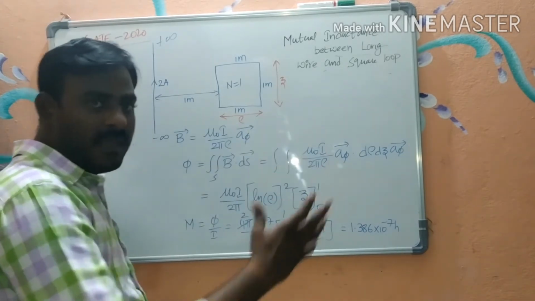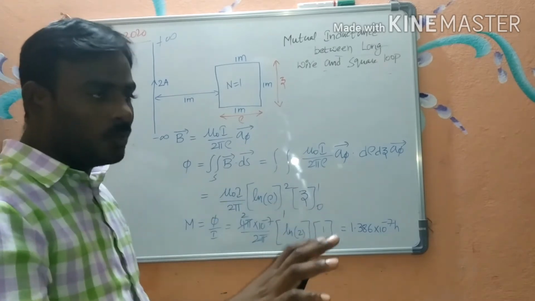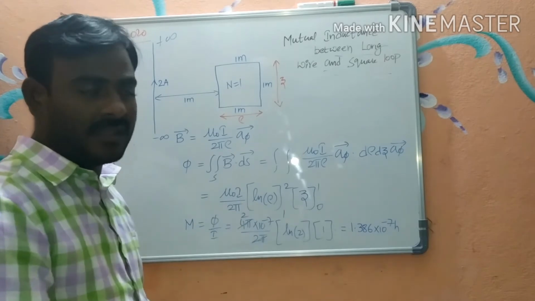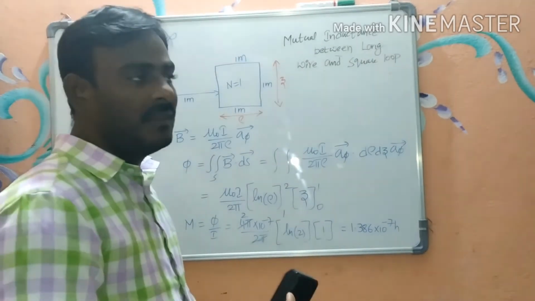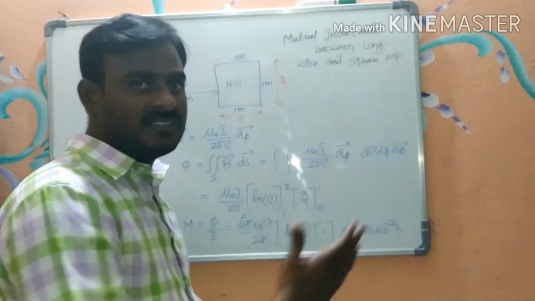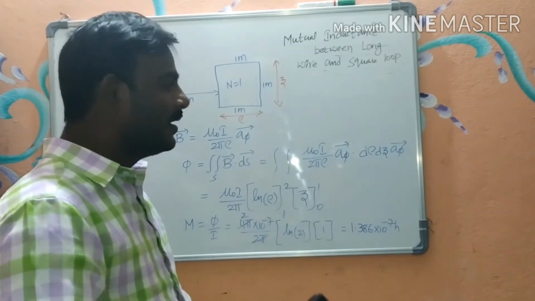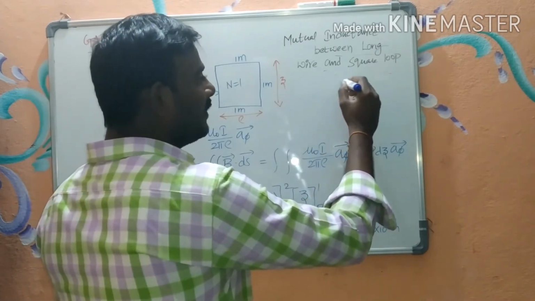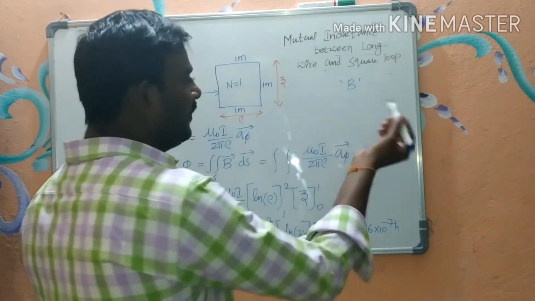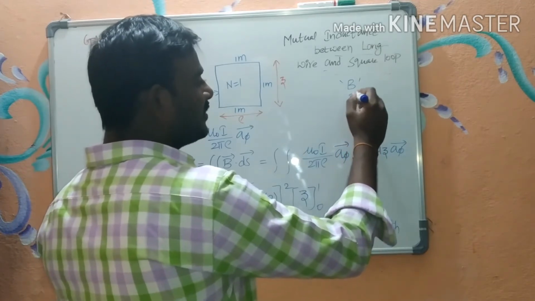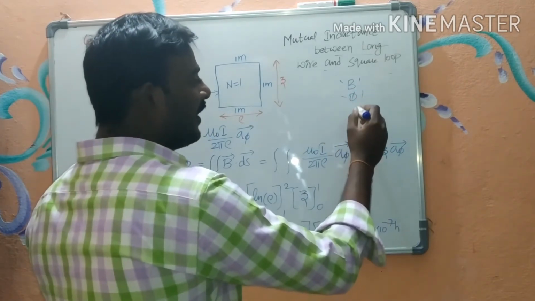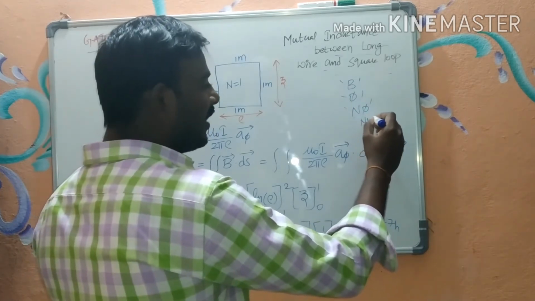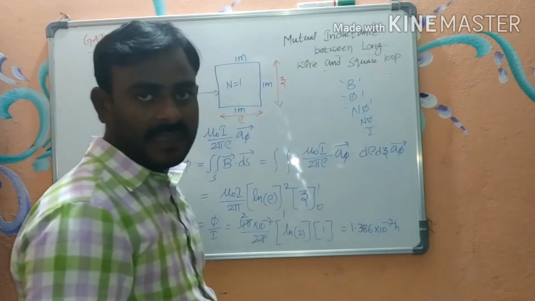If you don't remember the expression of inductance, there is no problem, because there is a particular procedure to obtain the inductance. First, we find the flux density B, then the flux phi, then the flux linkage N phi, and by taking the ratio of flux linkage to the current, we obtain the inductance.